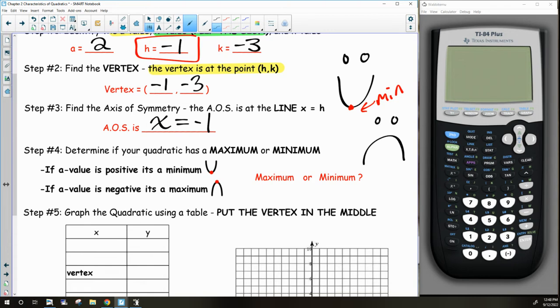You're sad. Frowny faces have a point up at the tippity top of the frown, and that's your max. So if you're feeling positive, smiley face, min. If you're feeling negative, frowny face, max. So this is A is positive, so it has a minimum.